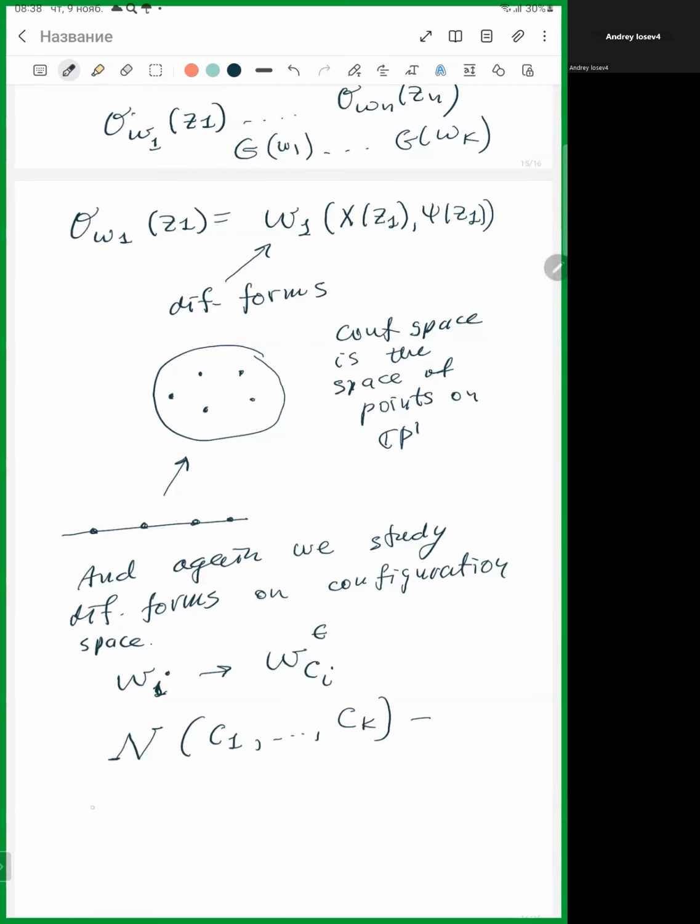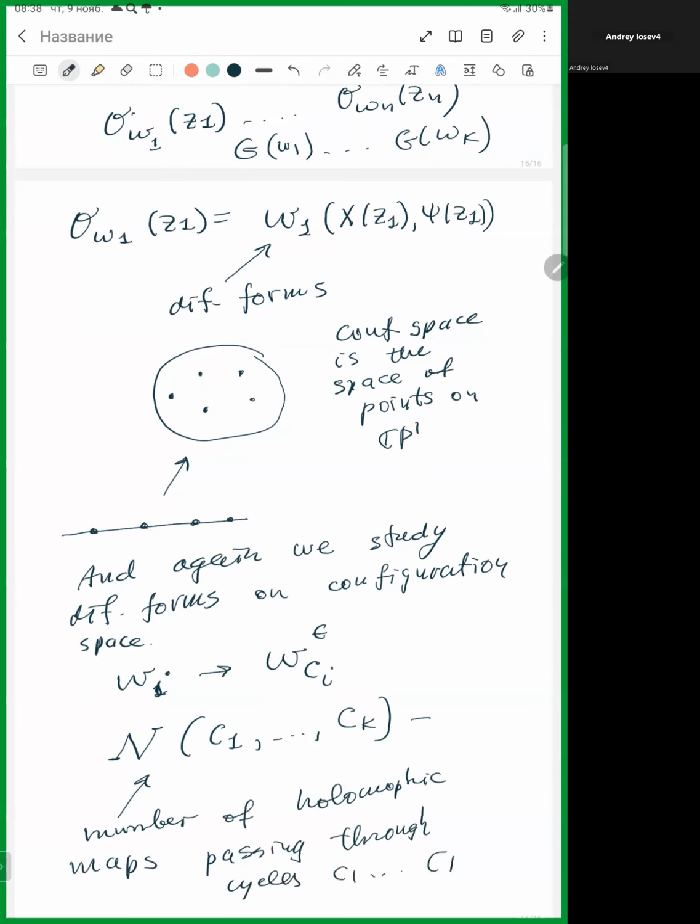They have interesting geometrical meaning. Number of holomorphic maps passing through cycle C1, Ck.